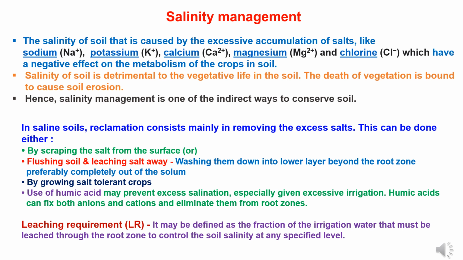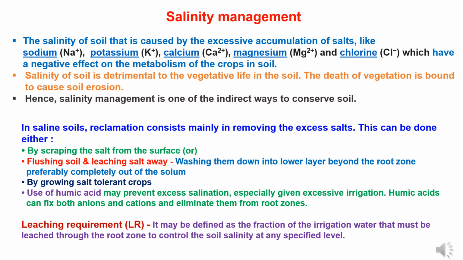In saline soils, the reclamation method consists mainly in removing excess salts, which can be done by different means. First, scraping the salt from the surface. Second, flushing soil and leaching salt away with excess irrigation, where the purpose is washing them down into the lower layer beyond the root zone, preferably completely out of the soil.